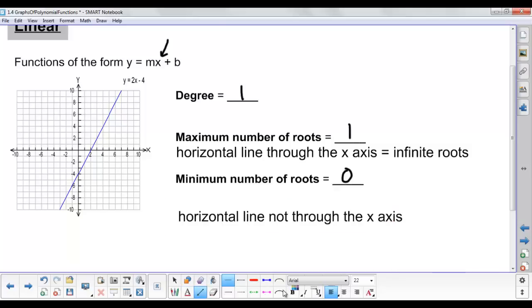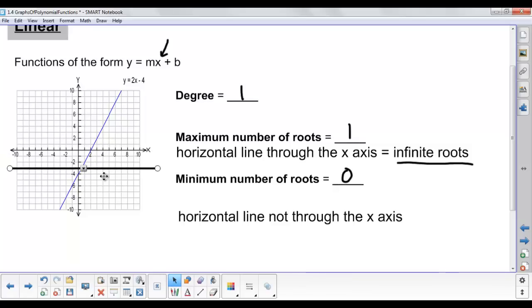So for example, if I drew a horizontal line through the x-axis, that horizontal line touches the x-axis an infinite number of times, so therefore we get infinite roots. A horizontal line not through the x-axis, so basically anywhere else, if I moved this line anywhere else, then it never touches the x-axis, so this one would have 0 roots.